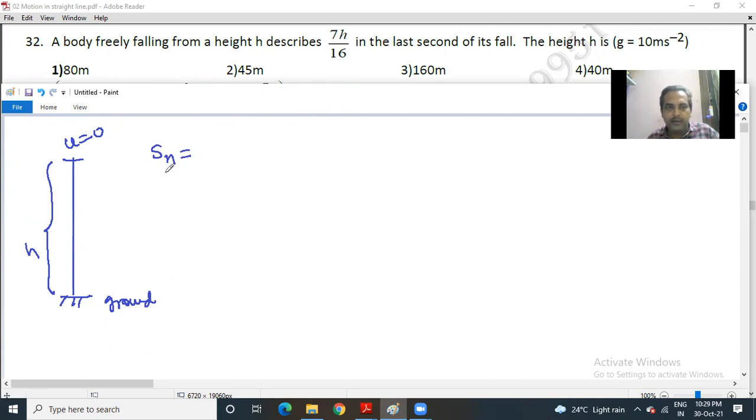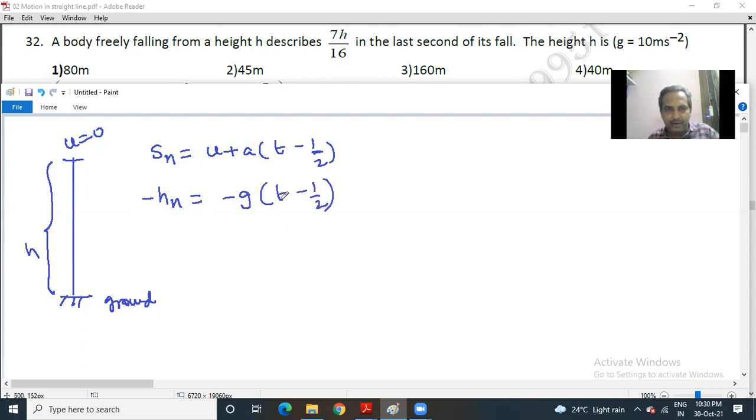You have to go with S_n equal to u plus a times (t minus half). When the body is moving down without initial velocity, S_n will become h_n. For a freely falling body, u is 0, and since it is coming down, a will be g, so g times (t minus half).